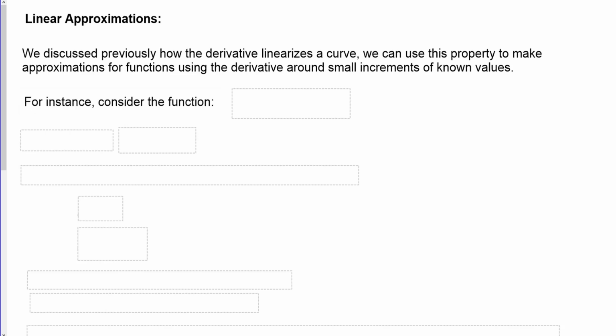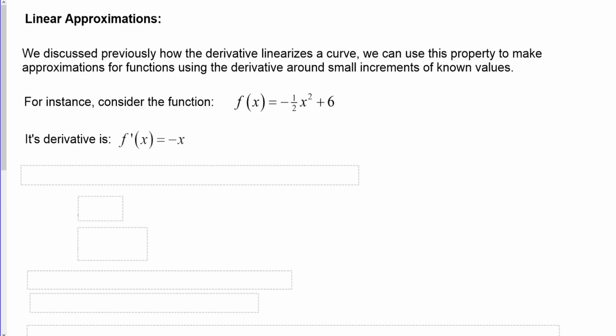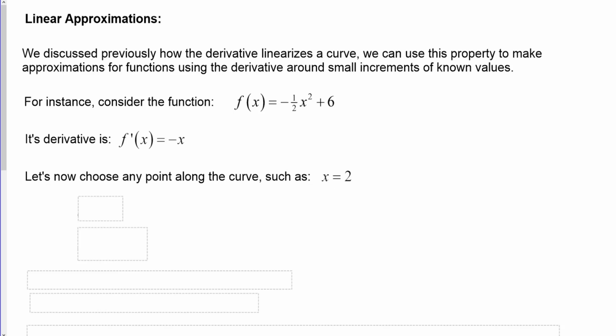So for instance, let's use an example function, negative 1/2 x squared plus 6. The derivative of this function, if you just use the power rule, you get f prime of x is negative x. Now, we'll choose any point along the curve, and for no particular reason, I've just picked positive 2.